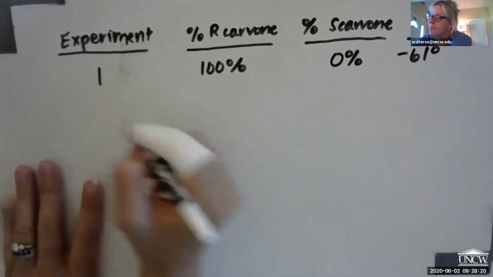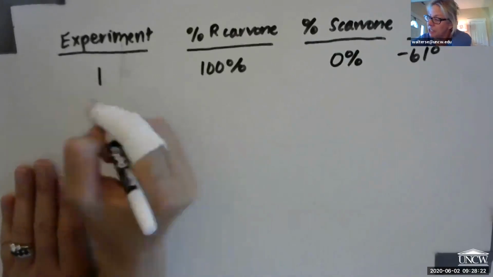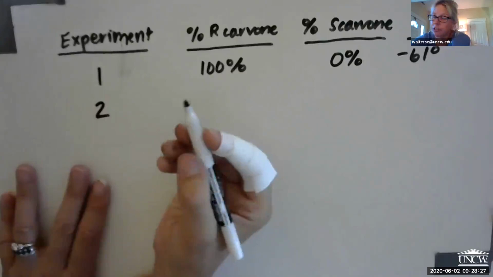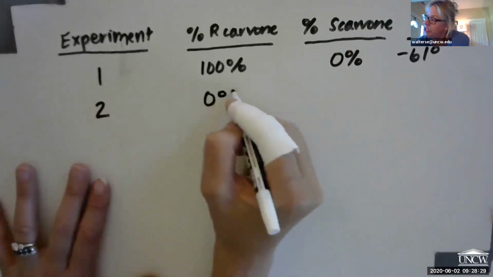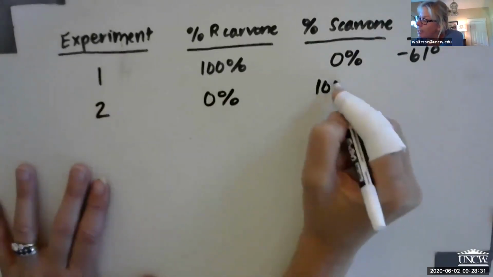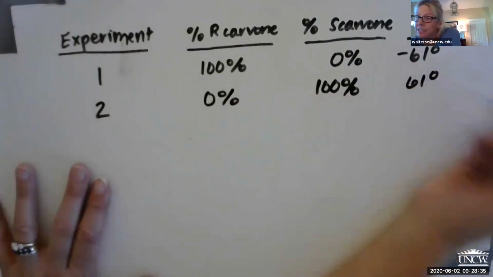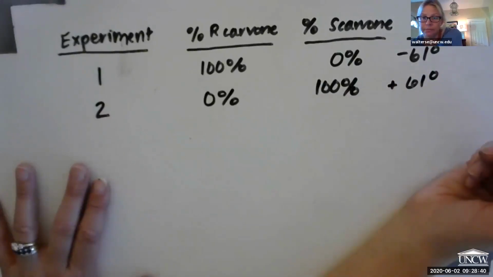Now this one we did. In the second one, we wouldn't actually have to do the experiment. If we just switch to the other enantiomer, we have to have the same magnitude in the opposite direction.